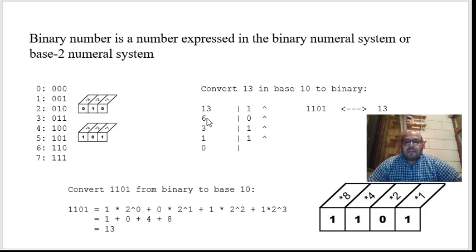Sequentially, the next step is dividing 6 by 2, where the quotient is 3 and the remainder is 0. For the next step, dividing 3 by 2, the quotient is 1 and the remainder is 1. We continue this process until our quotient is 0.